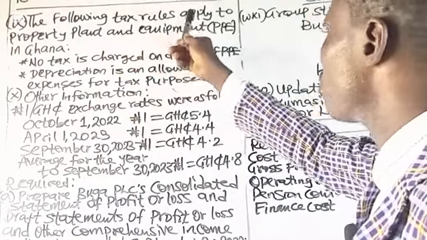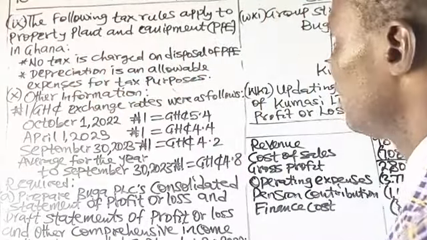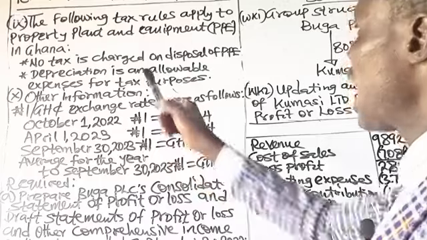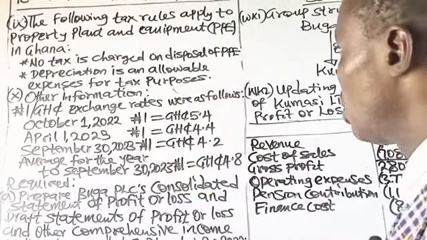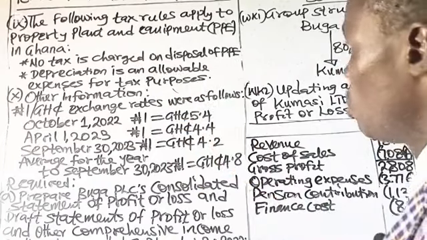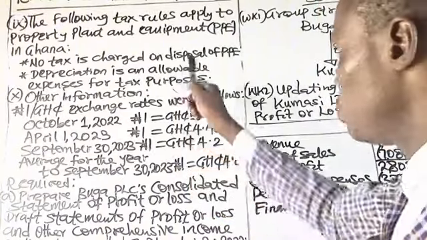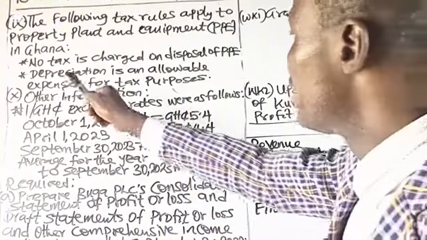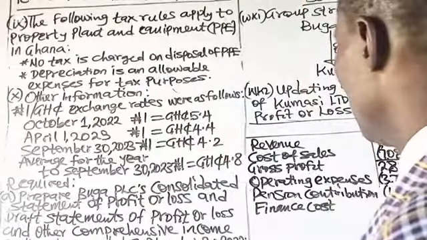Note 9. The following tax rules apply to property, plant, and equipment in Ghana. No tax is charged on disposal of property, plant, and equipment. Since no tax is charged on disposal, this will not be used in the tax computation. Depreciation is an allowable expense for tax purposes.